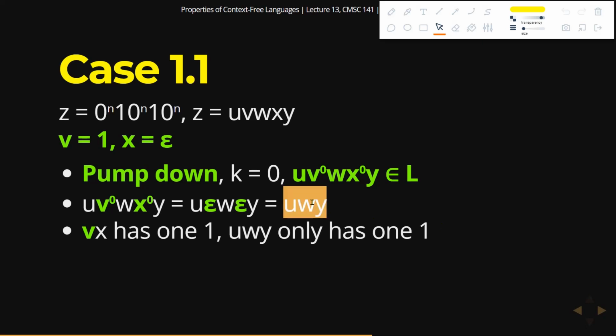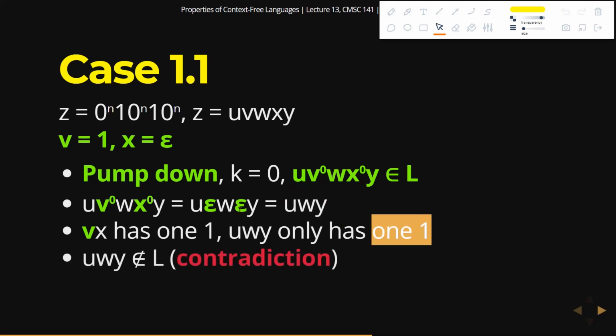Okay? So uwy only has one 1, and that is not part of the language because the language needs to have 2 1s, this one and this one. But since we pumped it down and V's 1 got deleted because it became epsilon, the remaining string uwy only has one 1, and so it's not part of the language. Does that make sense?